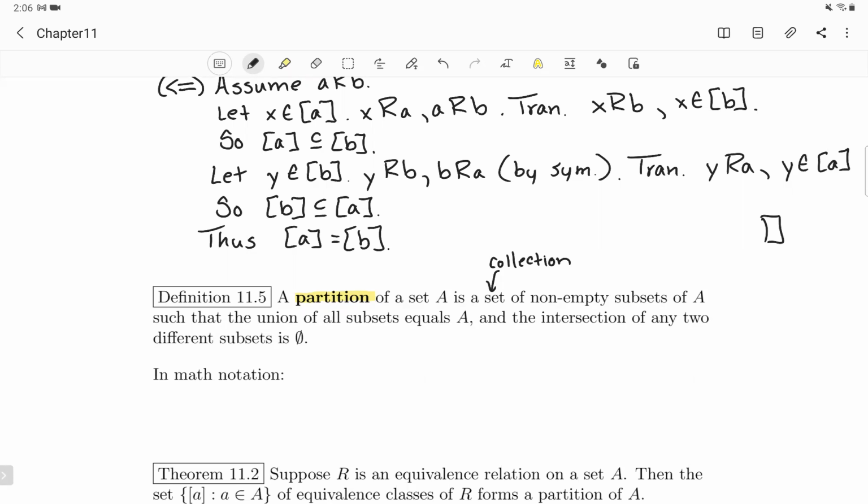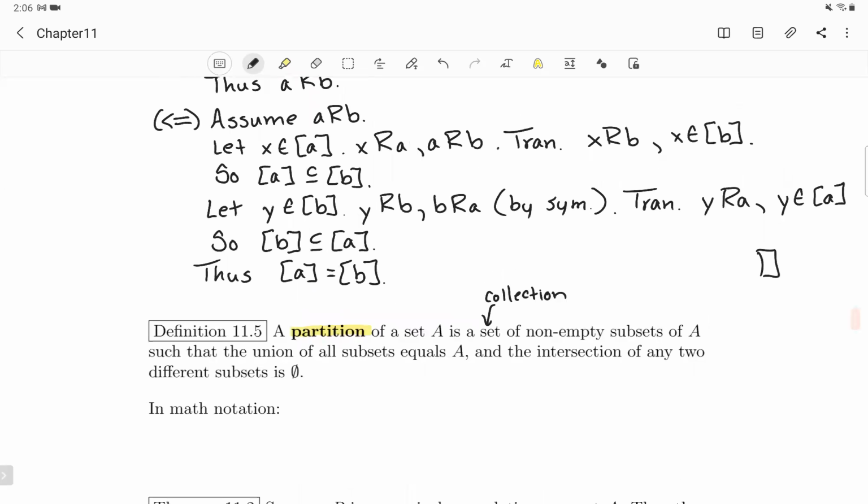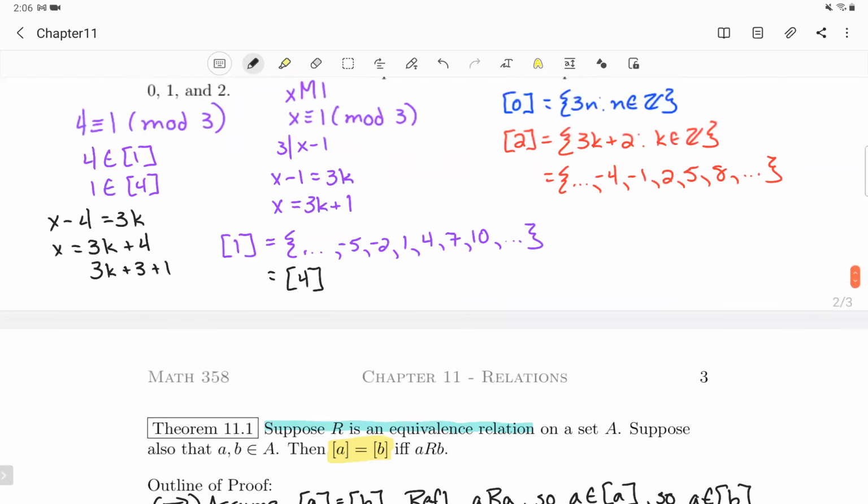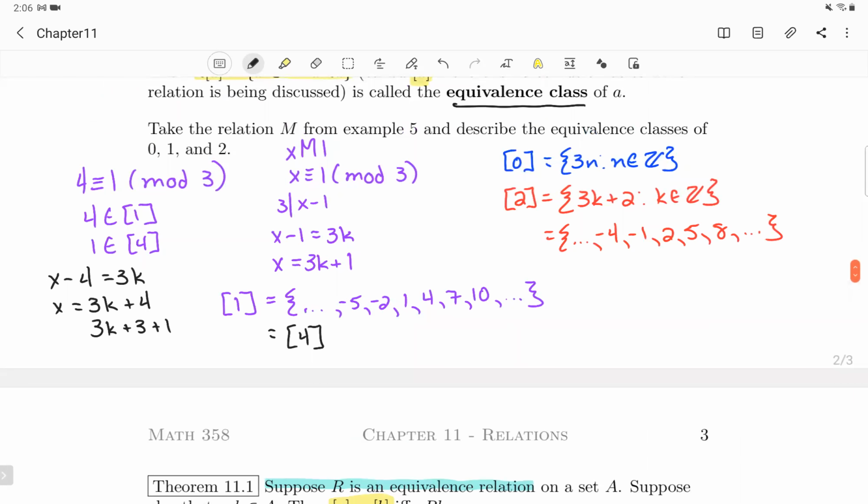All right, so we'll do the math notation in a second, but let's look back up here at our equivalence classes. Notice we said that the equivalence classes of 0, 1, and 2, give me any integer I want. It's in one of these. You pick an integer, it either has remainder 0, 1, or 2 when you divide by 3. So if I union these together, that means they give me all integers.